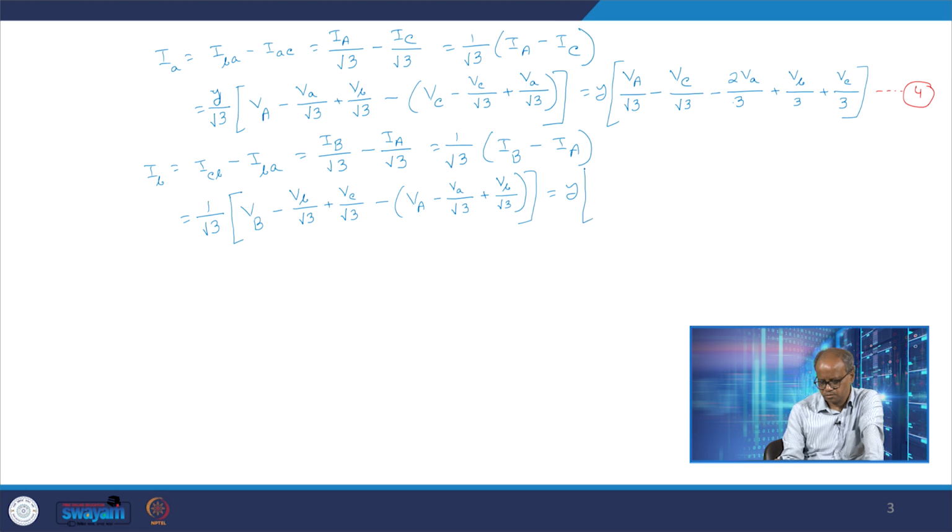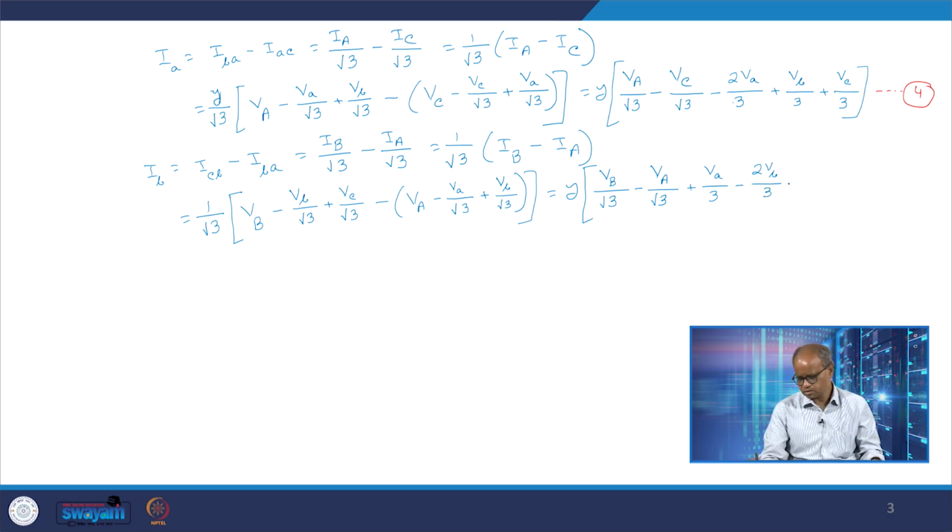Y I take common, so it is VB by root 3 minus V capital A by root 3, and then we get minus minus plus V small a by 3, and then it is minus VB and there is another minus VB, so it is minus 2 VB by 3 and then plus V small c by 3. So I call it equation 5.